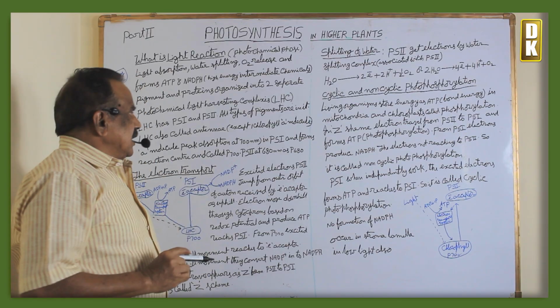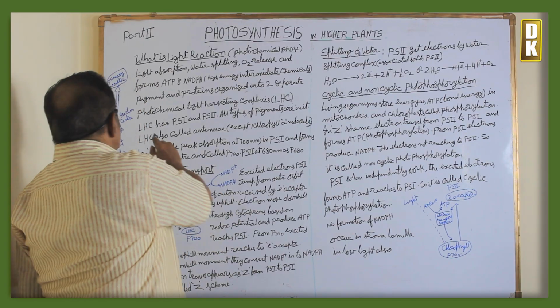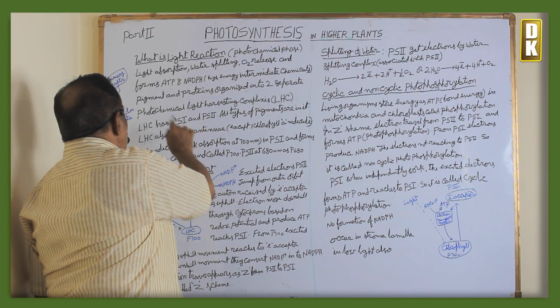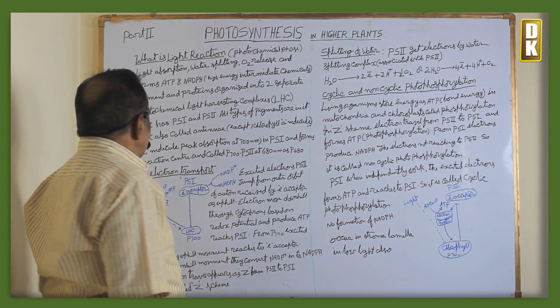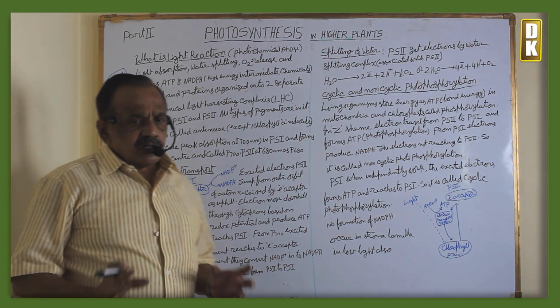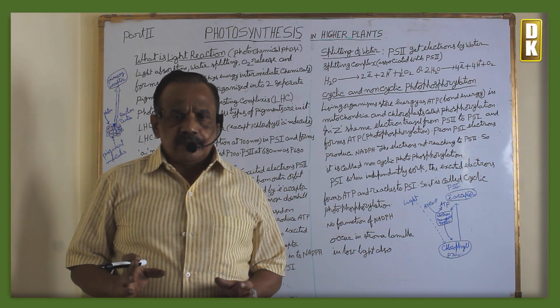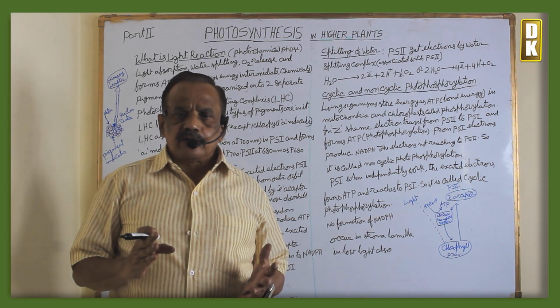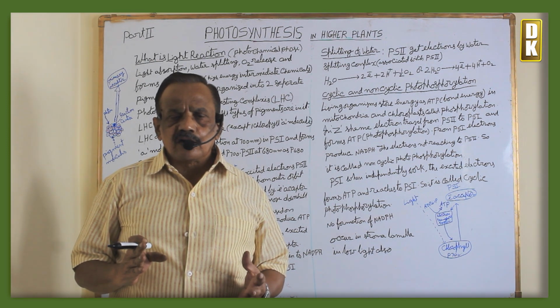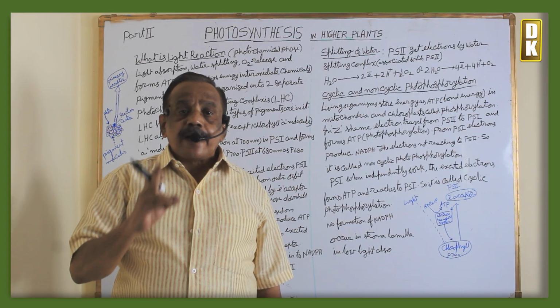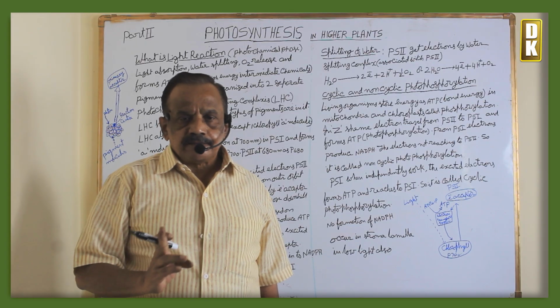All these molecules, chlorophyll a, chlorophyll b, xanthophylls and carotenoids, are capable of absorbing light.